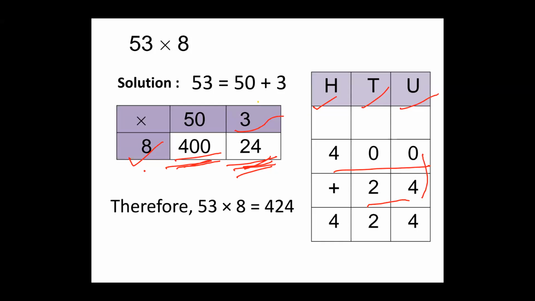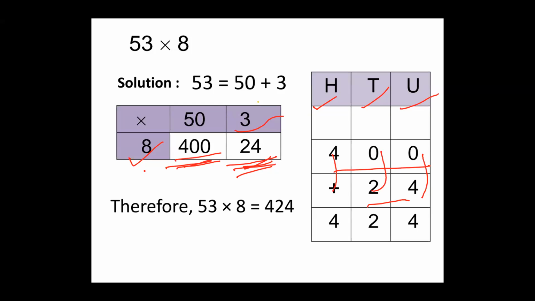Answer is... 0 plus 4 is how much? Someone type in your chat box. Correct, 4. Now in the tens place, 0 plus 2. Yes, the answer is 2. Correct. And in the hundreds place, with 4 nothing is left. So 4 plus nothing will be 4.